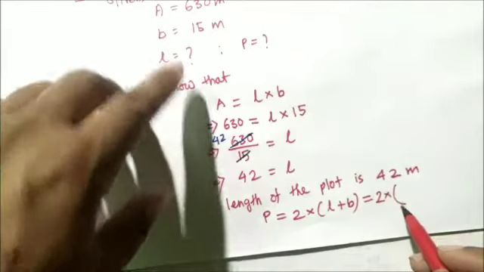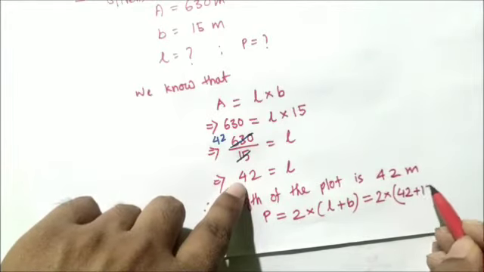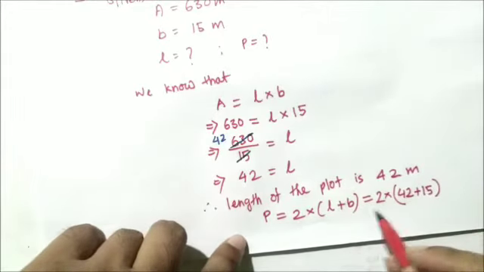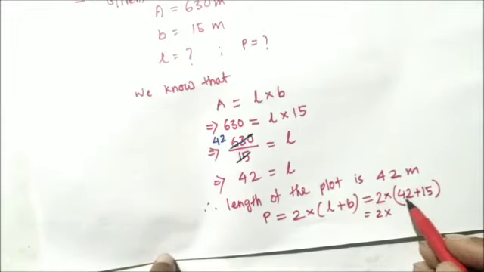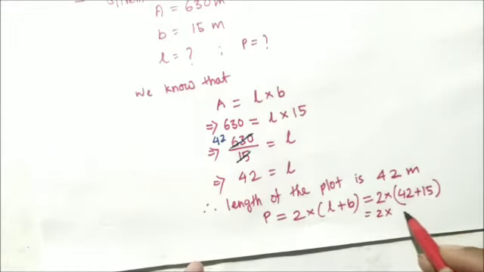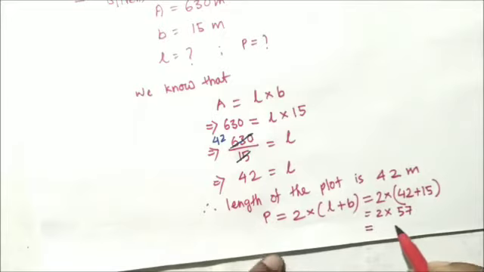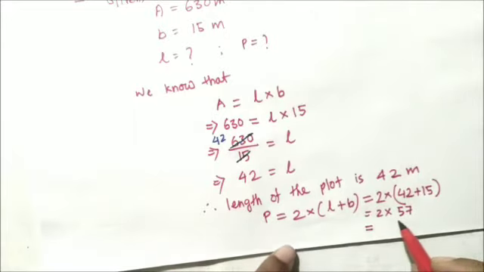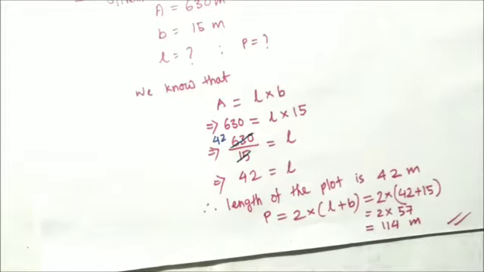So 2 into (L plus B): the L is 42 and breadth was 15. 42 plus 15 is 57, I guess. Am I right? And 2 into 57 is what? 2 fives are 10, 2 sevens are 14, 114 meter. So this is the perimeter of this plot.